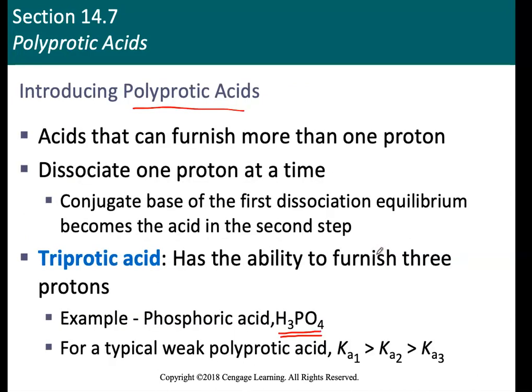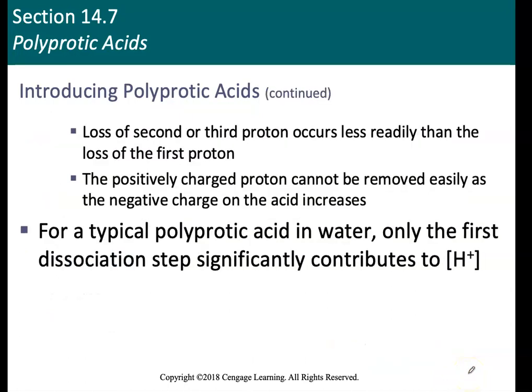When we're looking at this acid, typically Ka1 is greater than Ka2, which is greater than Ka3. So this Ka1 will be greater than the other two. There is a significance of this. We will look at that.